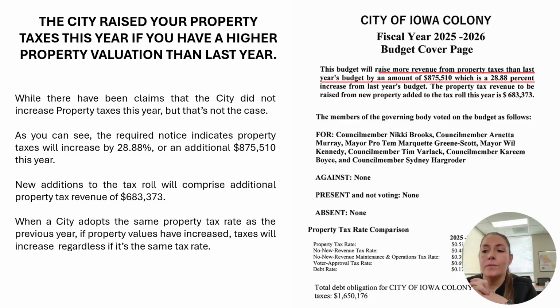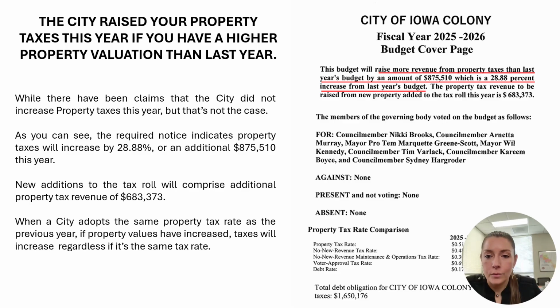So at the same property tax rate in FY25 to FY26, if your property value increased, you will actually pay more in taxes. And so this budget cover page is required to show you how much more the city will raise in property taxes over the last year.